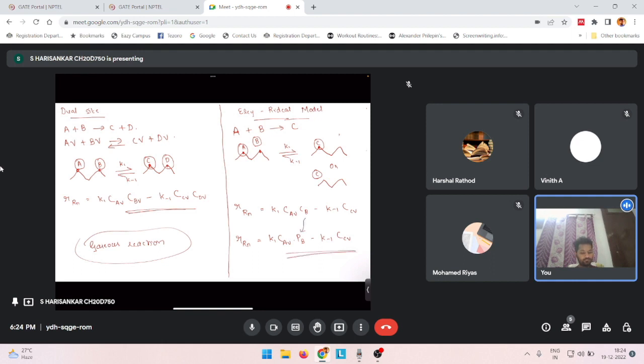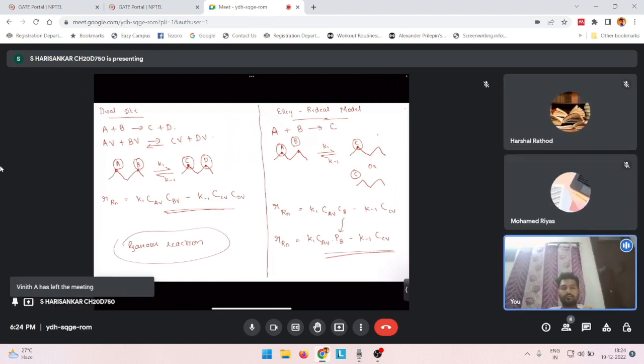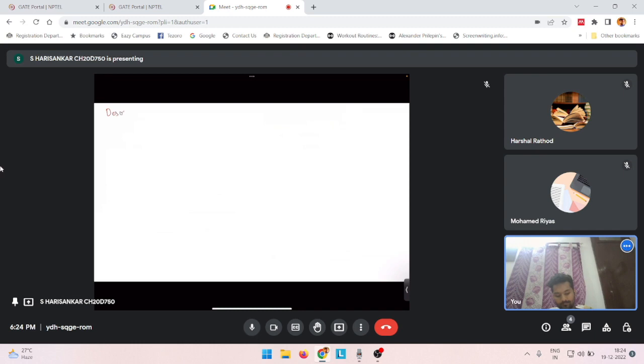So this C_B will become P_B, the partial pressure of B. So these are just the brief equations for surface reactions, and pretty much the same thing you can apply for desorption steps as well.